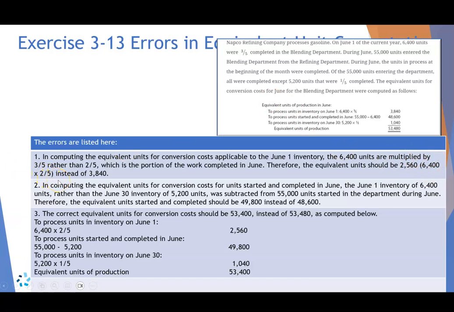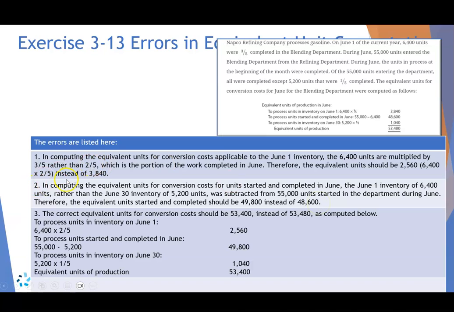Okay? In computing the equivalent units for conversion cost for units started and completed in June, the June 1st inventory of 6,400 units rather than the June 30th inventory of 5,200 units was subtracted from 55,000 units started in the department during June. Therefore, the equivalent units started and completed should be the 49,800 instead of the 48,600.